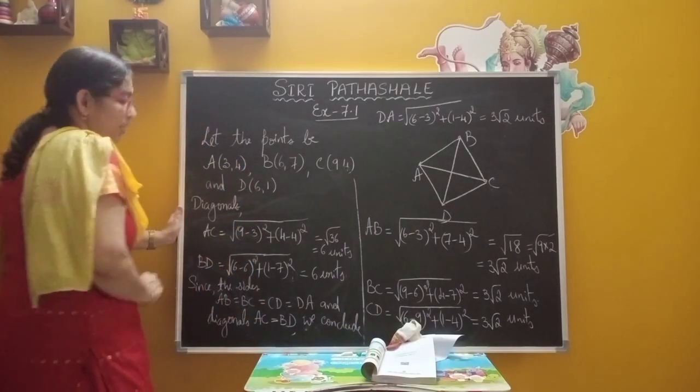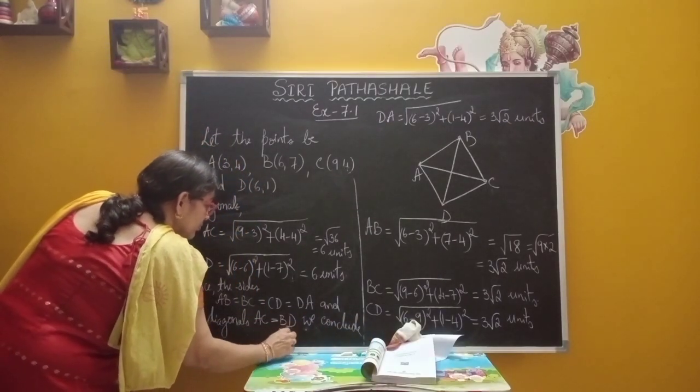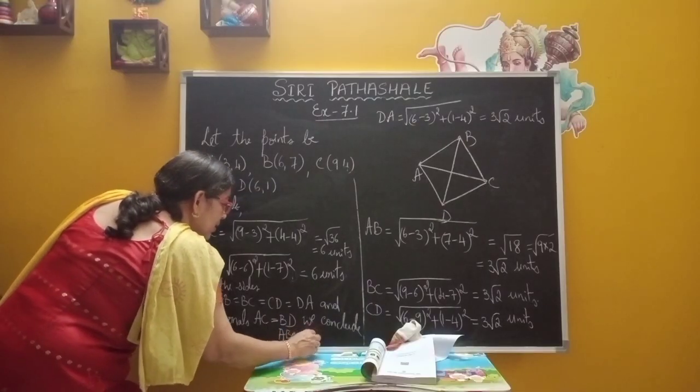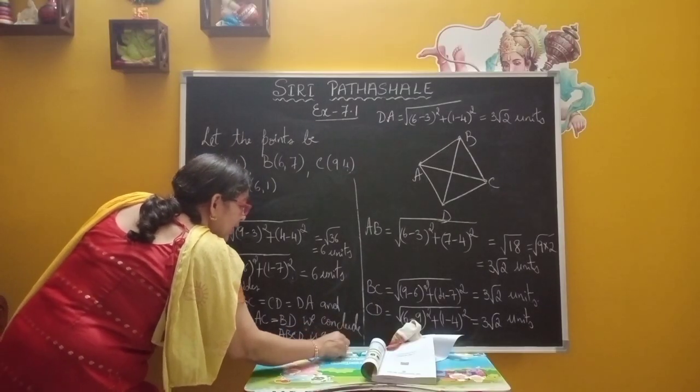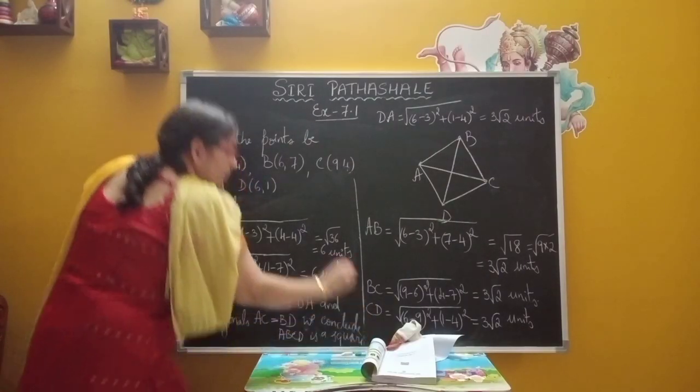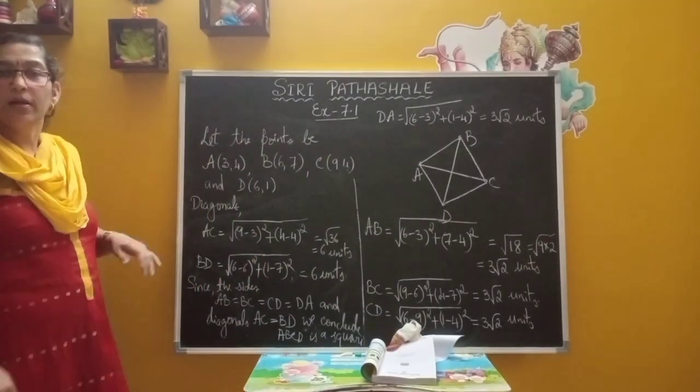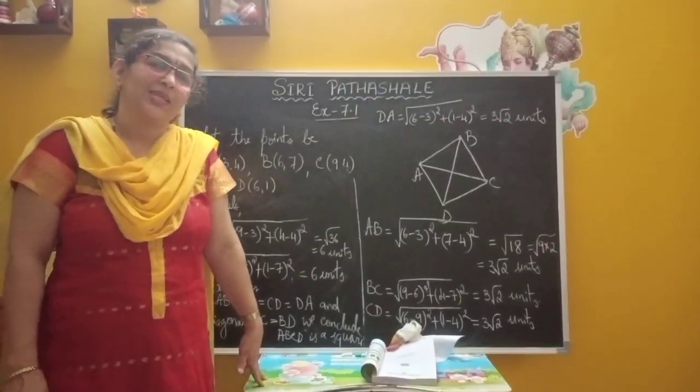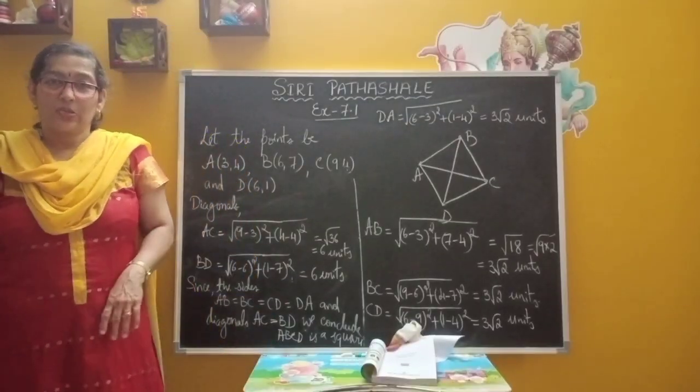ABCD is a square. So who is right? Champa is right. I hope all of you understood this.